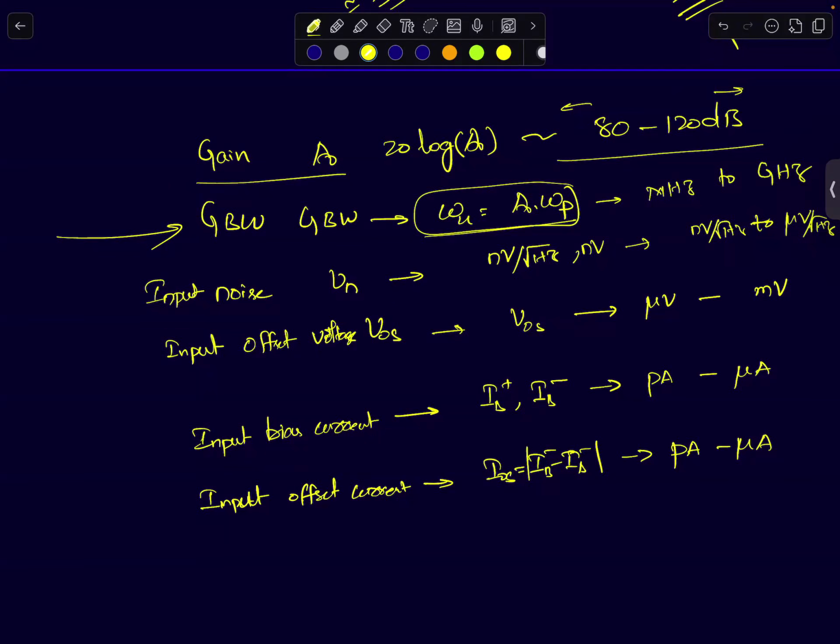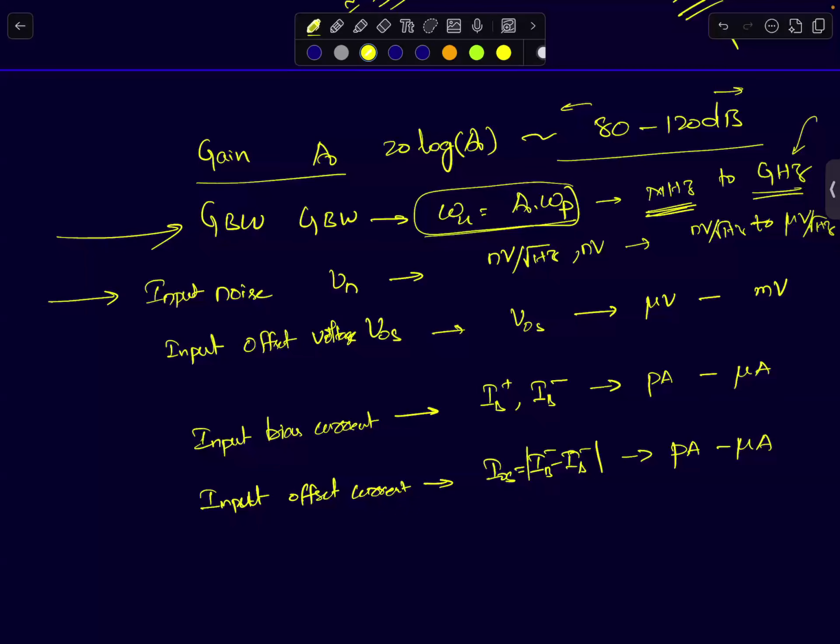Generally, it will be in the order of a fraction of a megahertz to even gigahertz. High performance op-amps, which will be used for very high frequencies, may have gigahertz of gain bandwidth product or UGB. Your mu 741 that you use in the lab will have in the order of megahertz.